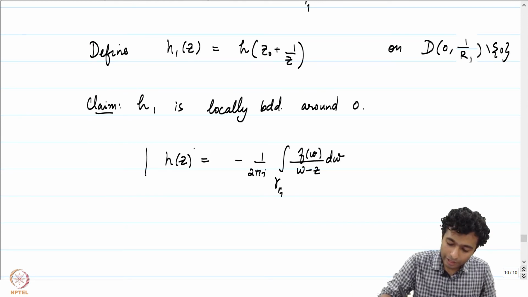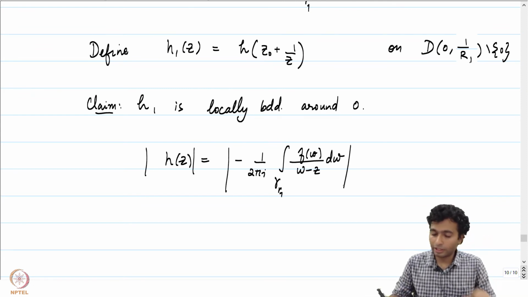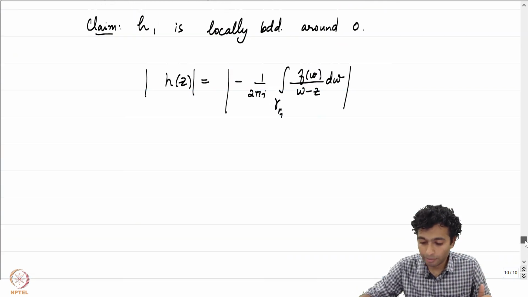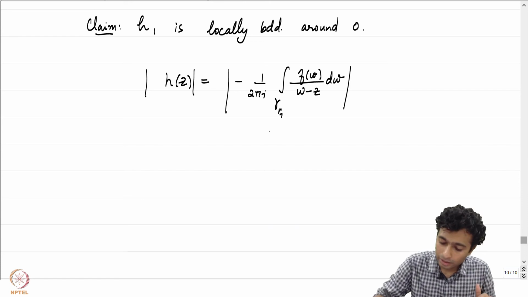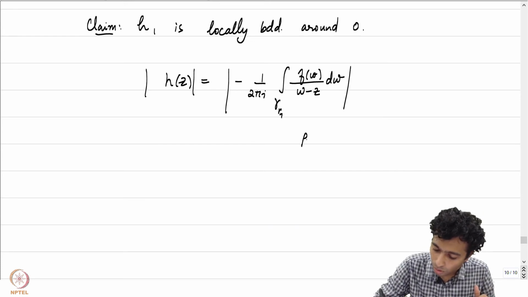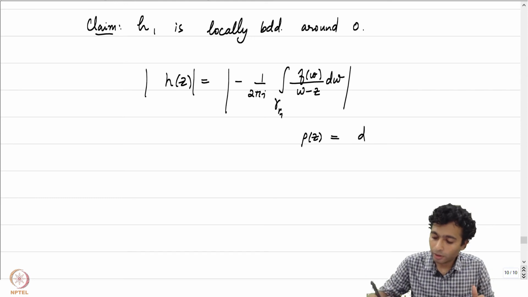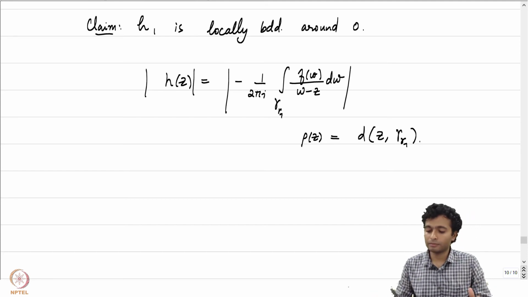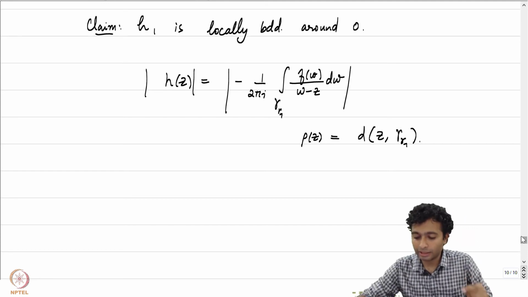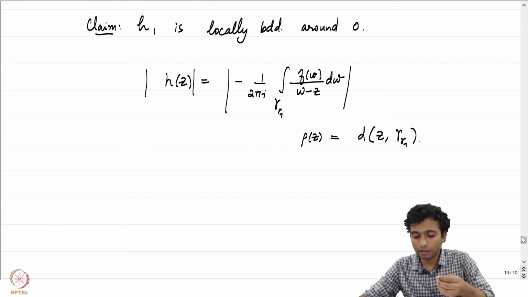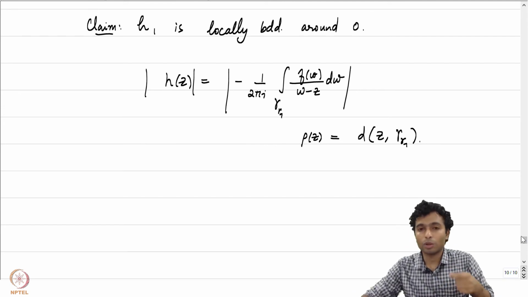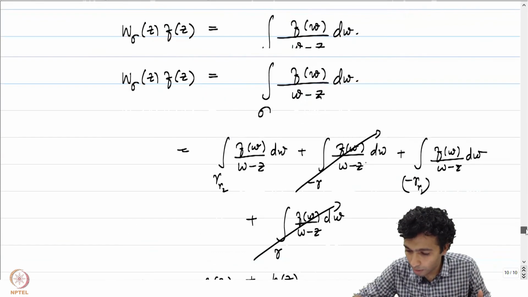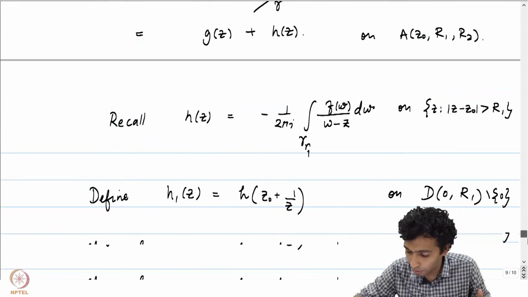If you look at the absolute value here, let's fix r1, and on gamma r1 we will have mod f bounded by some number M, and let rho of z be the distance of our point z to gamma r1. That means that the absolute value of w minus z is going to be greater than rho of z. Remember that this is a function which depends only on z. So maybe I'll draw a new picture.